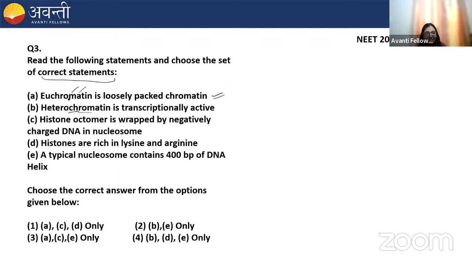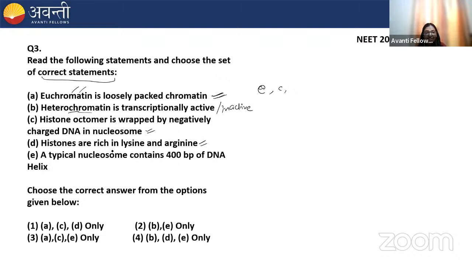So statement A says that euchromatin is loosely packed chromatin. It is correct. B says heterochromatin is transcriptionally active. No, it is transcriptionally inactive. C says the histone octamer is wrapped by negatively charged DNA in nucleosome. Yes, because DNA is negatively charged, it wraps around the positively charged histone octamer to form the nucleosome. D says histones are rich in lysine and arginine.